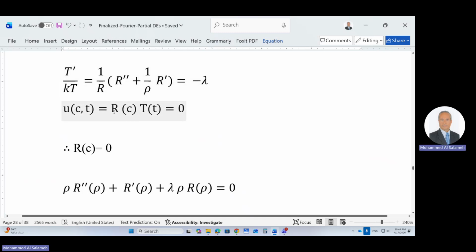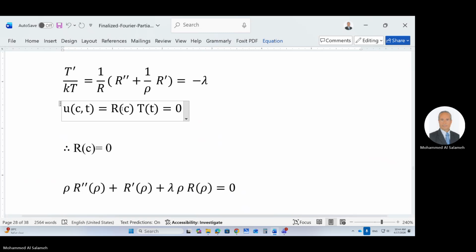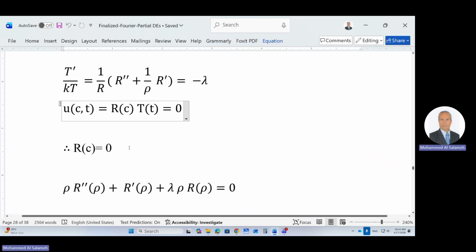So we say that R as a function at C, at a particular point, is equal to 0. Not the whole function, but the function at a certain point. So R at C is equal to 0.